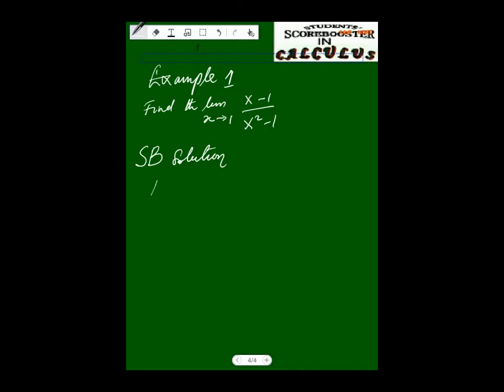So we want to find the limit as x tends to 1 of x minus 1 over x squared minus 1. Don't just make the mistake of saying 1 minus 1 over 1 squared minus 1 is equal to 0. This is wrong.